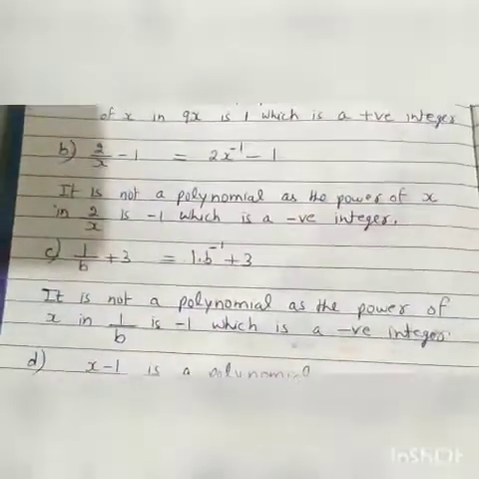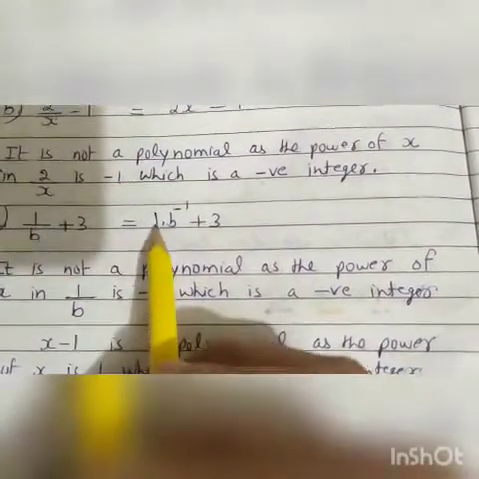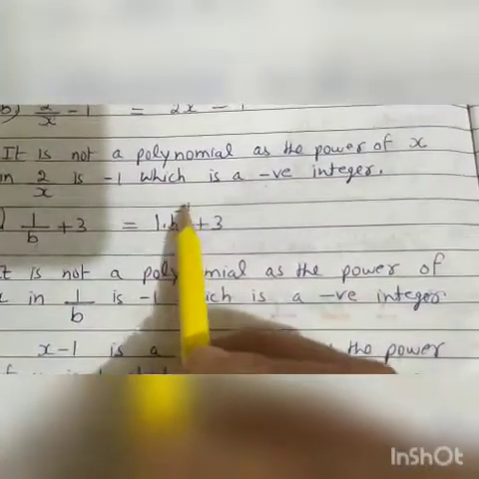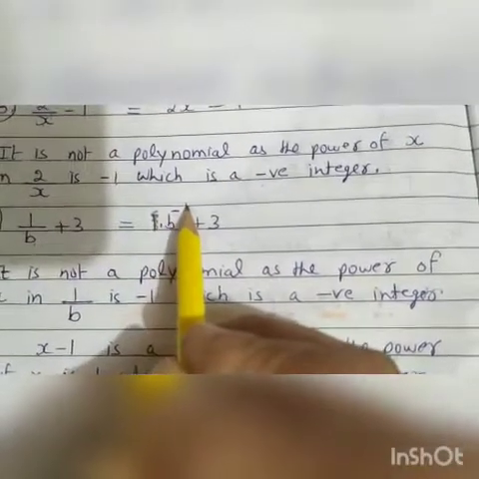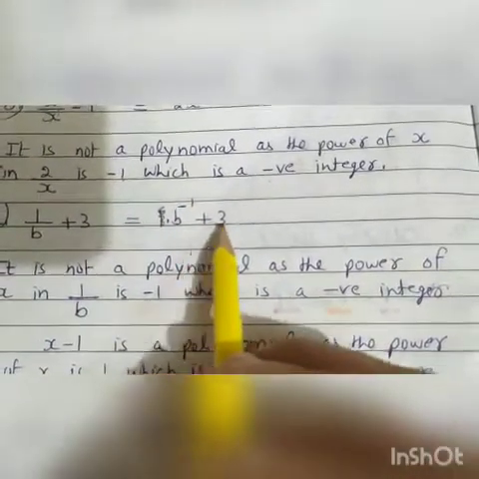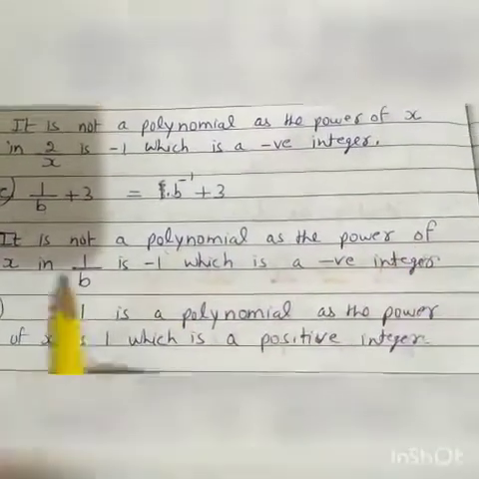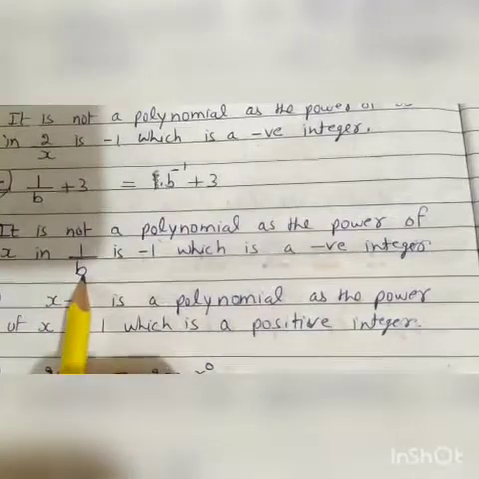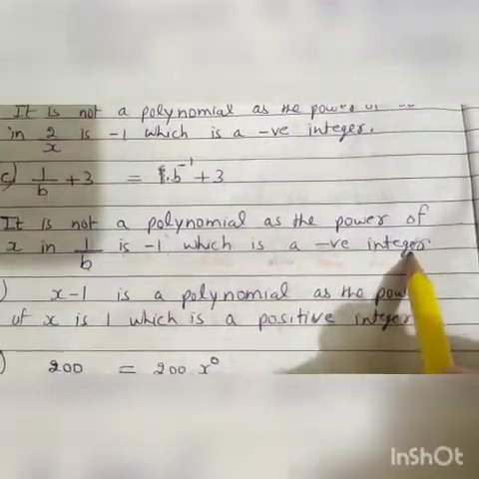Next, 1 upon b plus 3. Again this 1 upon b can be written as 1 into b power minus 1, or we can write it like this, b power minus 1 plus 3. It is not a polynomial as the power of b in 1 upon b is minus 1, which is a negative integer.